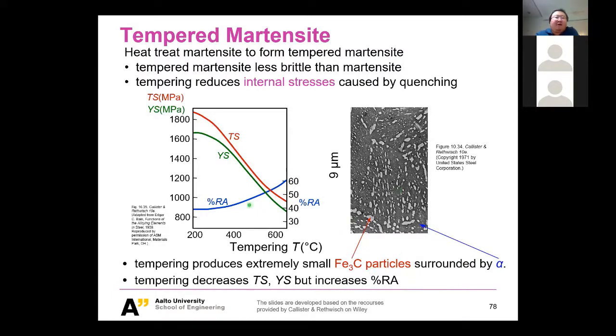And all of this is decreasing your strength, but it is increasing significantly your ductility. Here I'm showing you the reduction of area, which is one measure of the ductility. That's why we always try to use tempered martensite to get a balanced mechanical property in terms of both strengths. You see the strength is decreased, but not too significantly. But you get quite a lot of increase in terms of ductility.